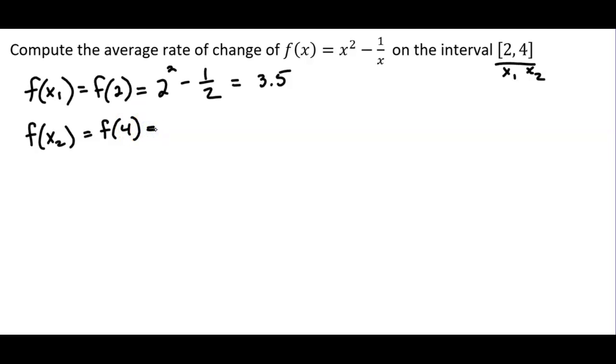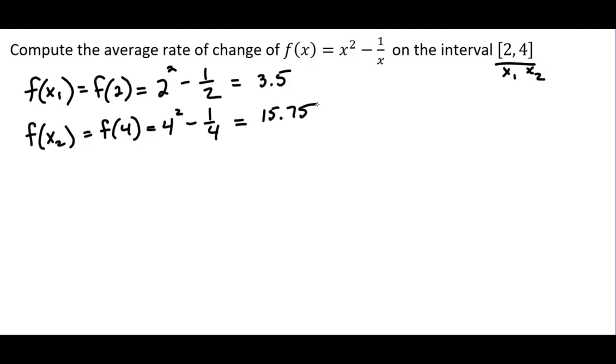That's the end of our interval. So 4 squared minus 1/4. 16 minus a quarter is 15.75 if you go with a decimal. I started with those decimals, so I guess I'm keeping them. All right. I think that looks right.